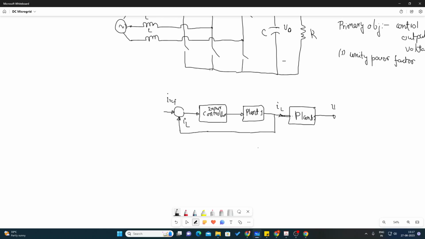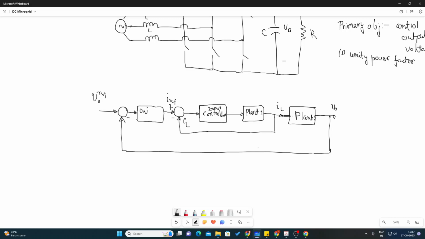This plant 2 portion will give you the output voltage also. This output voltage again can be sensed and compared. This is plus, this is minus, and we will consider a V_O reference, and again we have a controller, the outer controller.